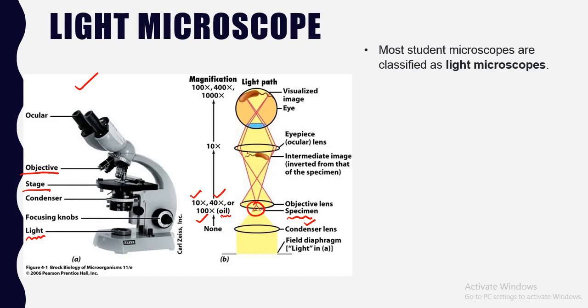Your objective lens will magnify an image. Then the intermediate image will be formed. Then using an eyepiece, which is also known as the ocular lens, which is generally 10x magnification, you will get your magnified image. If you are watching at 10x, so 10 into 10, that will give you a 100 times magnified image. So the light microscope is simple, there are no such complications.